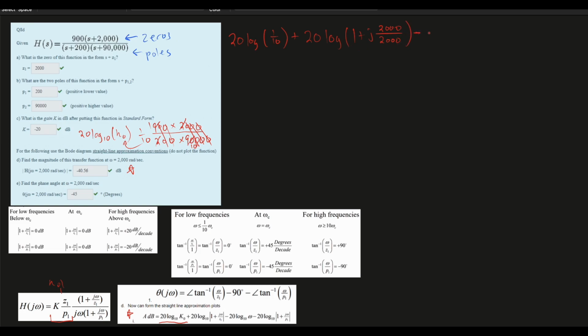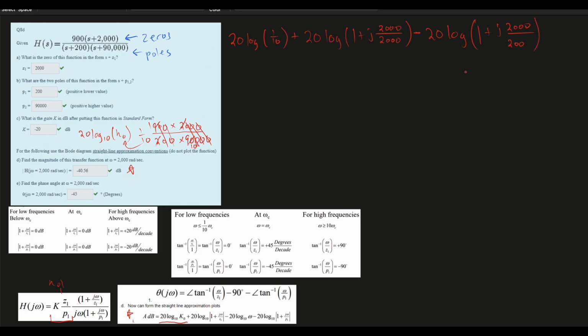Now we're going to subtract the poles. We're going to have a minus 20 log, and then inside of here we have 1 plus j with our omega divided by our pole, which is 200.